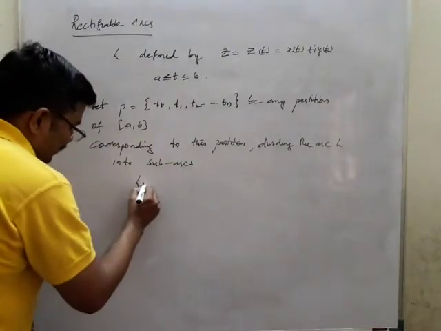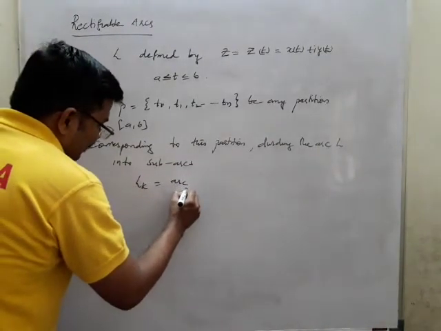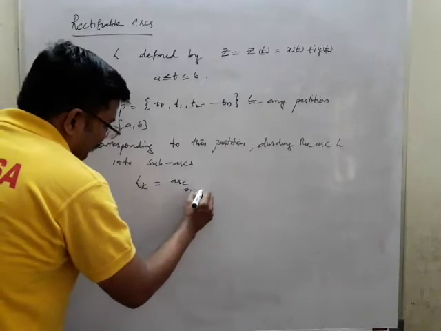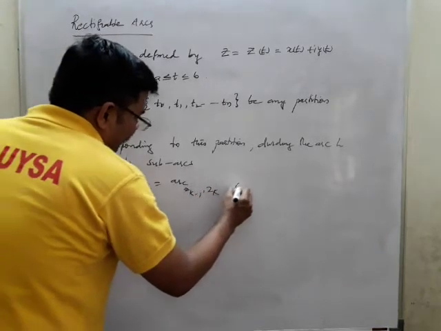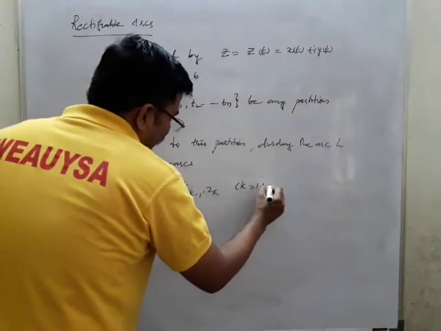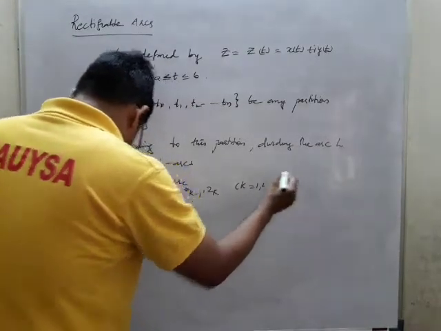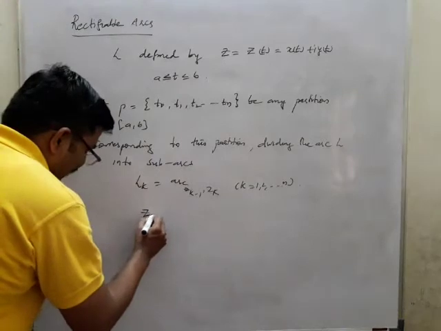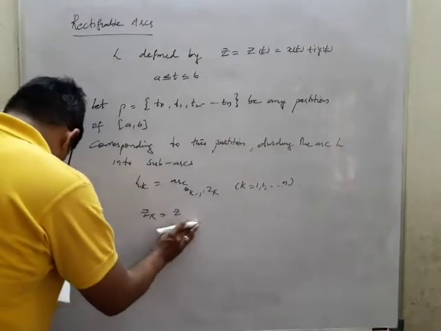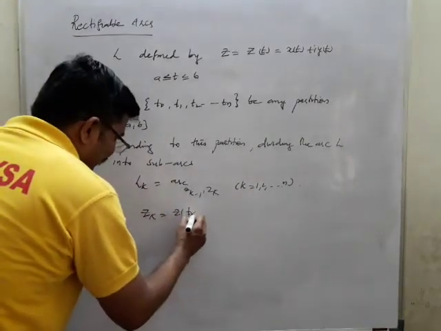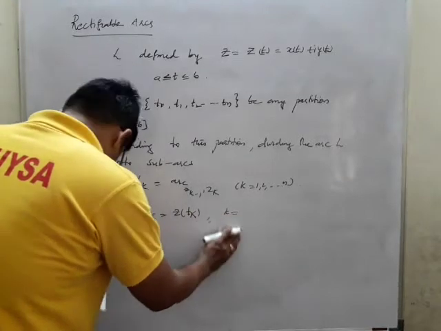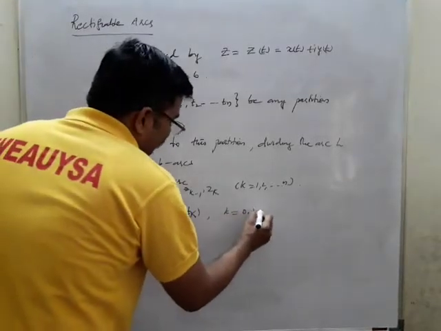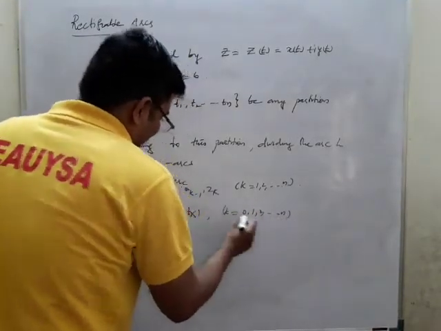That is, Lk is equal to the arc from z(k-1) to zk, where k is equal to 1, 2, and so on up to n, and zk is nothing but equal to z of tk, where k is equal to 0, 1, 2, and so on up to n.